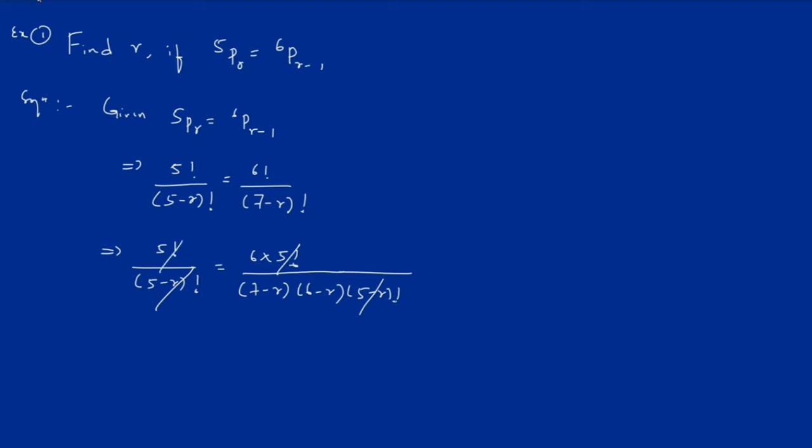The remaining we can write as it is, which implies (7 minus R)(6 minus R) is equal to 6.